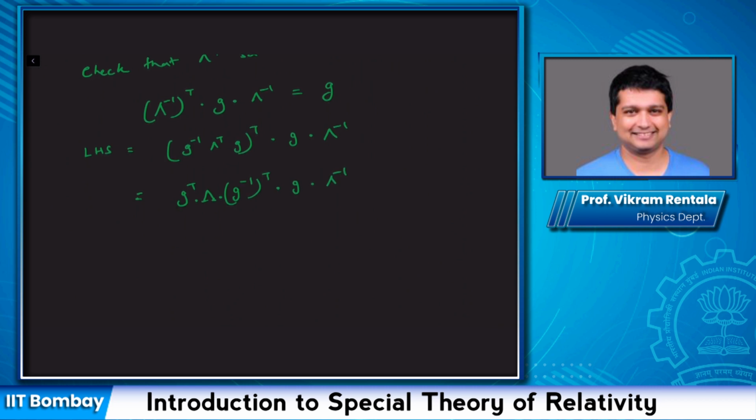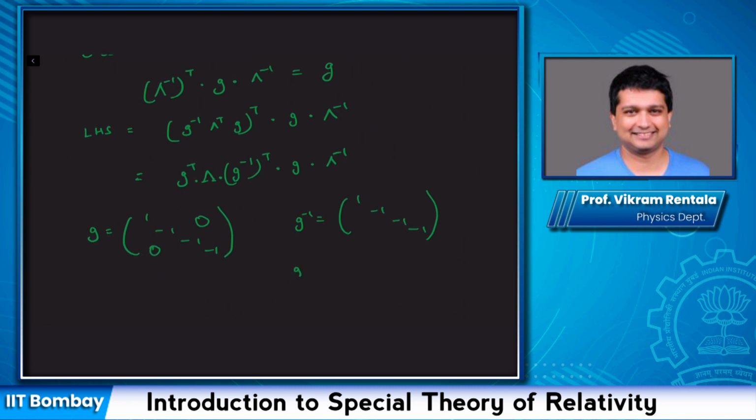Okay, now the thing about G, if you remember, is G is this matrix with zeros everywhere else. And so G inverse, since this is a diagonal matrix, is just going to be the same. You can easily check this. And therefore G inverse transpose is also the same.